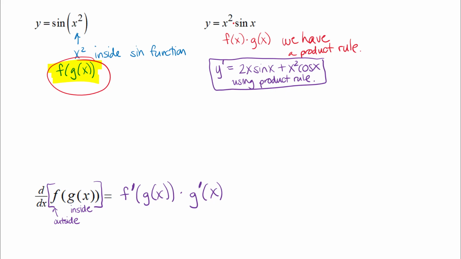The first part says we're taking f prime, the derivative of the outer function, and the g of x inside is just the inside function left alone.